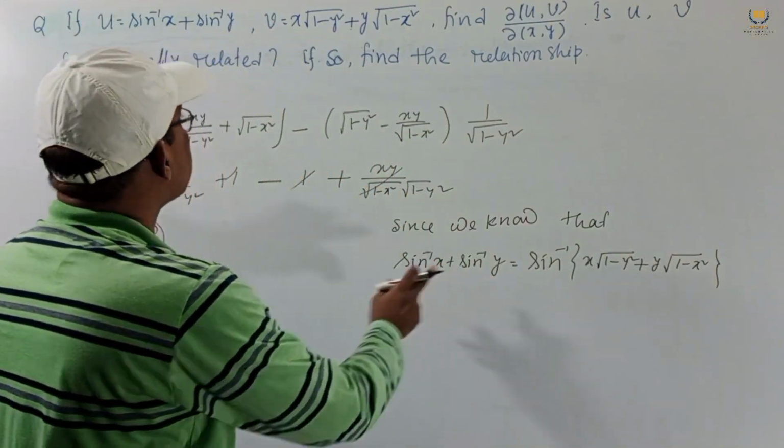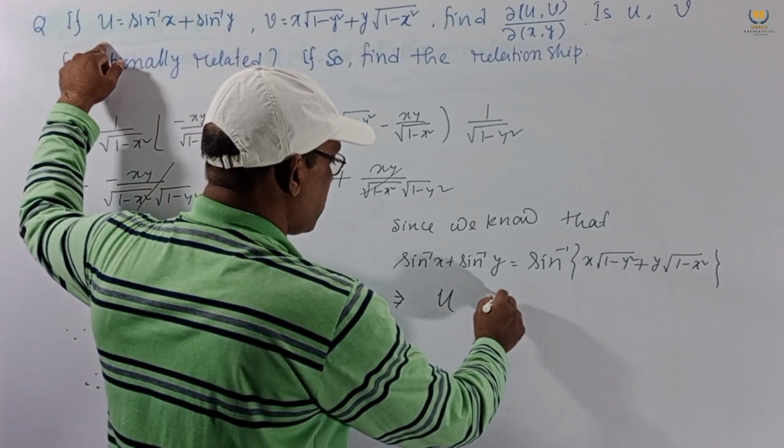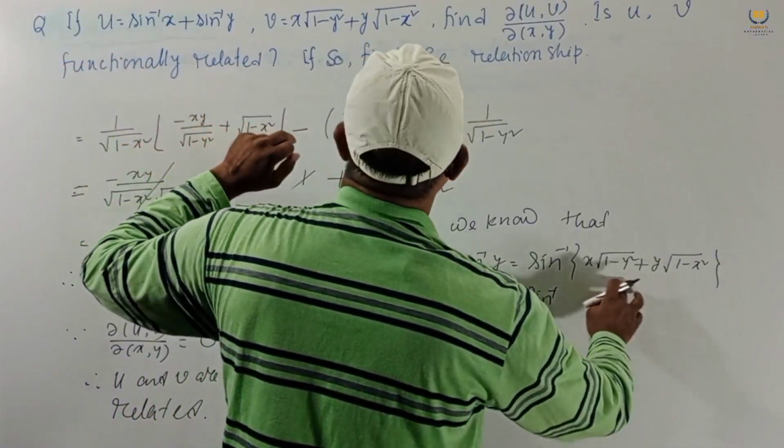Now sin inverse x plus sin inverse y, this value is u, and the sine inverse remains the same, and this value is v.